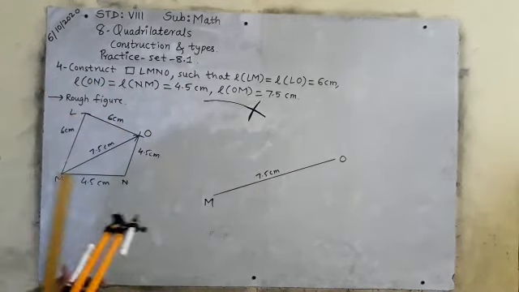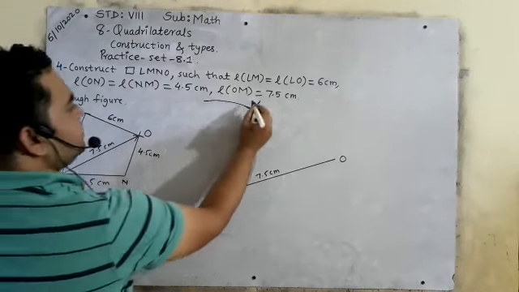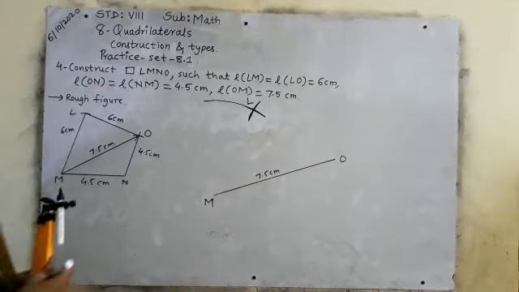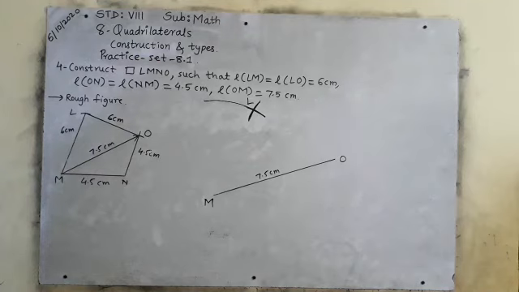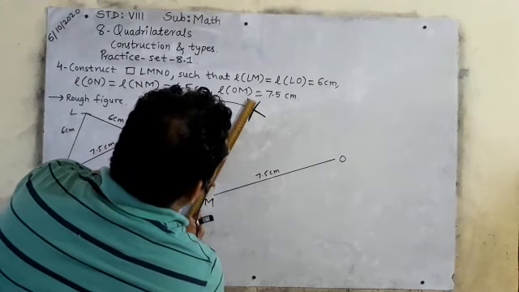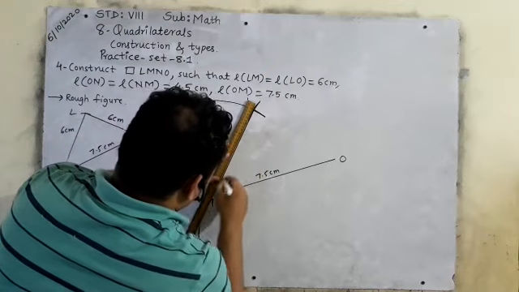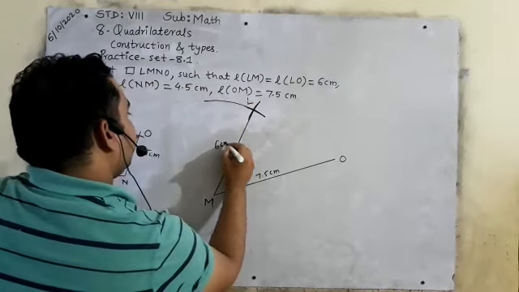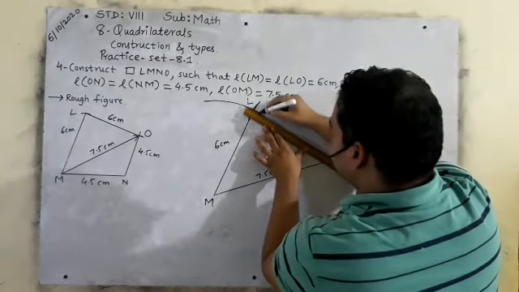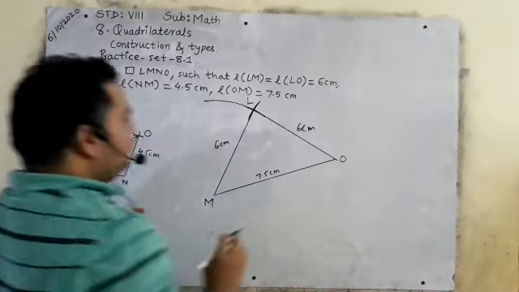So this is L, LM and LO, of 6 centimeter. Is it clear? I will join it with the help of the scale. Then I will join this also. Six centimeter. Done. One triangle done.